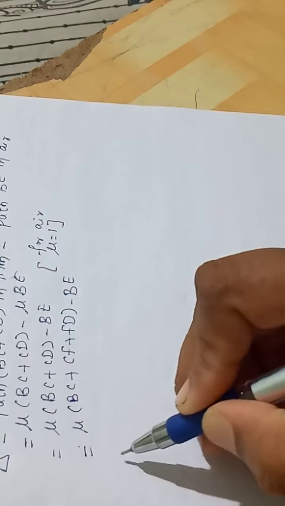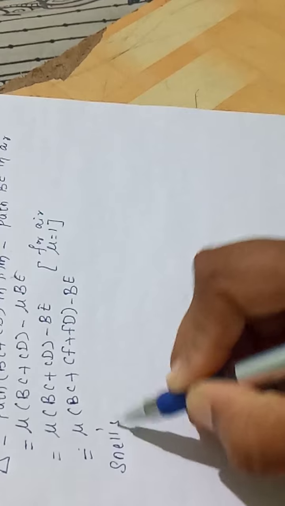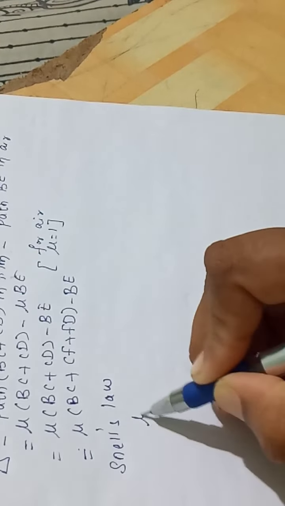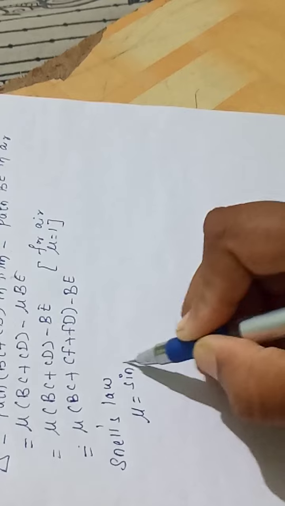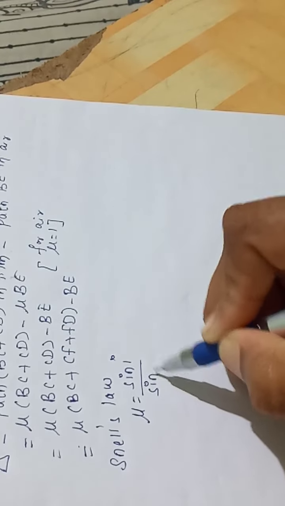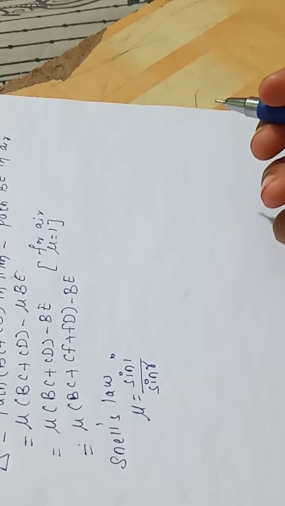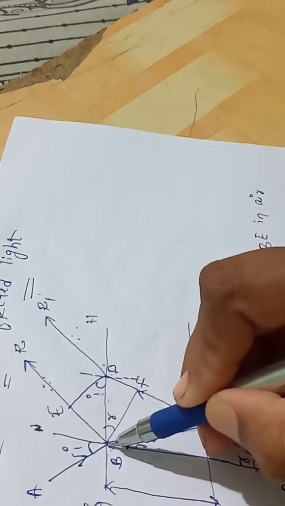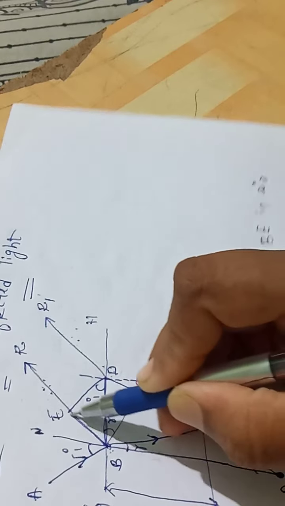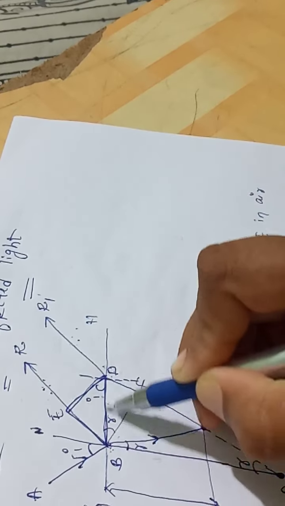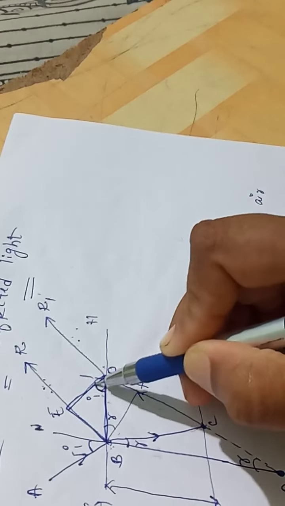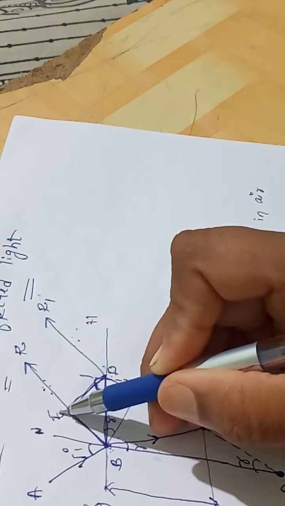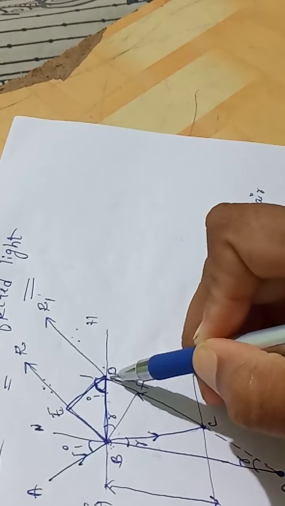Now from Snell's law, we know that mu equals sin I by sin R. Now let us find the values of sin I and sin R. For sin I, we consider the triangle BED: opposite side BE, hypotenuse BD.